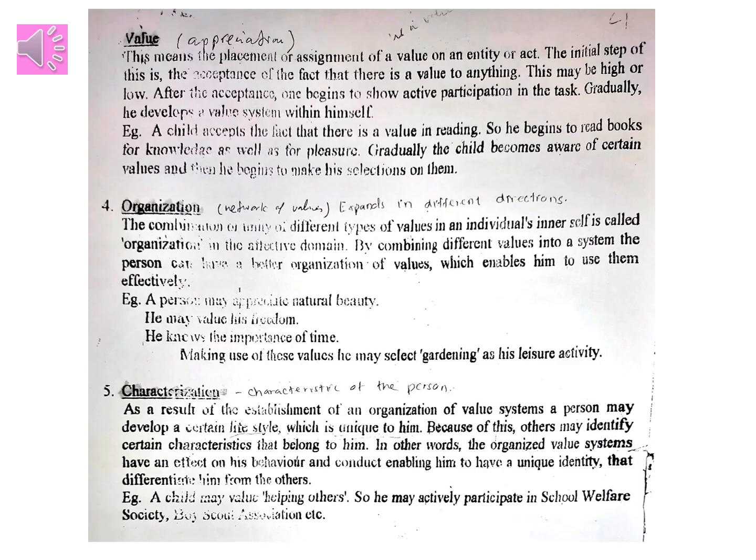Because of this, others may identify certain characteristics that belong to him. Now he is interested in finding information about those animals. He reads more. He goes to the museum. Now others think, this person, he likes reading about these animals. So other people identify a unique characteristic in him.